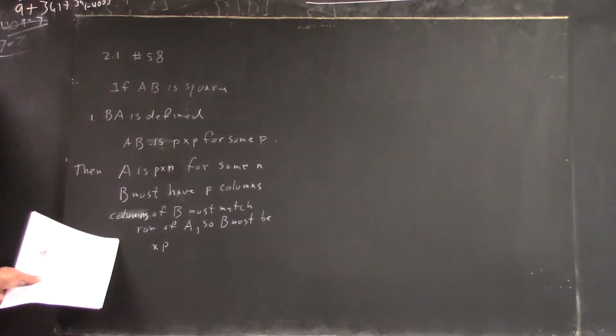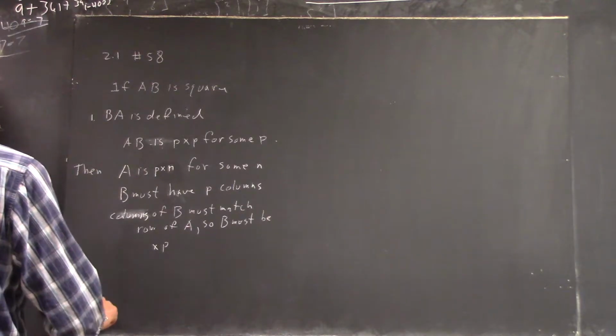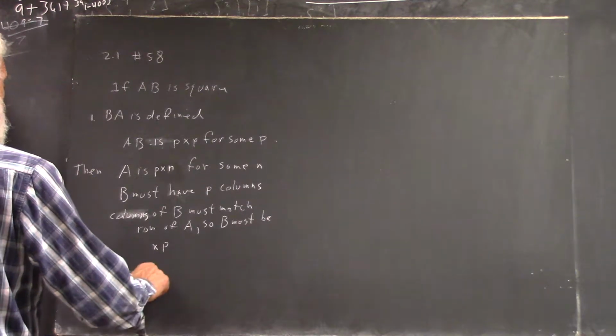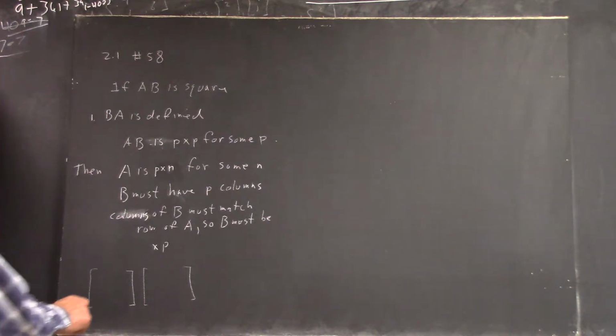But the length of a row of A is what? Oh, we can draw it. It helps to have a picture to look at, right? Here's your A matrix, here's your B matrix, right?